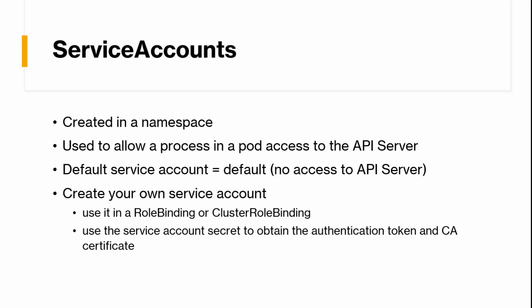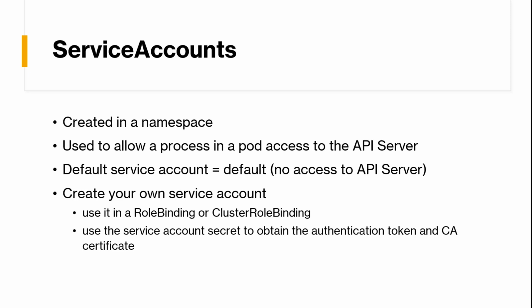So if you are creating an application and you know that a process in a pod needs to connect to the Kubernetes API server, you should create your own service account. Never give access rights to the default one. Of course, when you create such a service account, you will then need to give it the proper access rights, and we'll do that with roles and role bindings. I will see more about that in a moment.